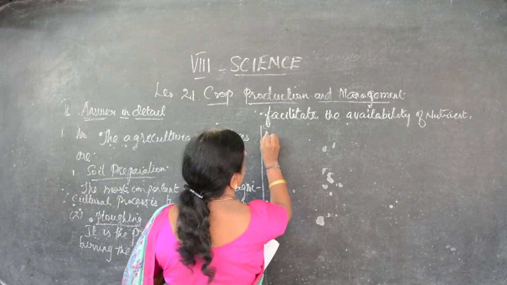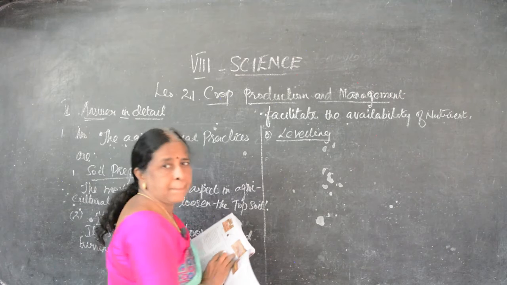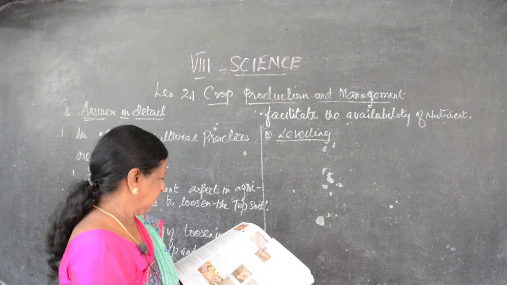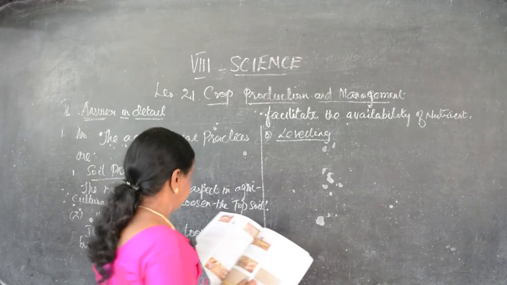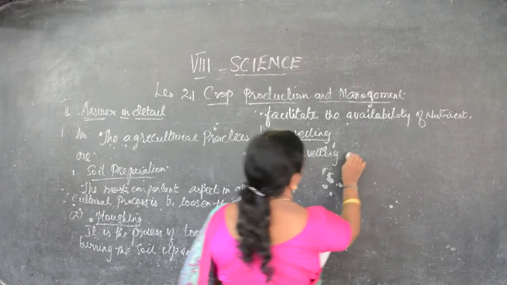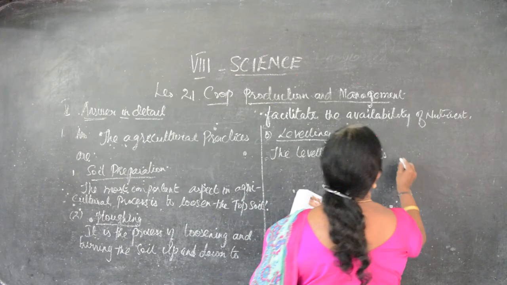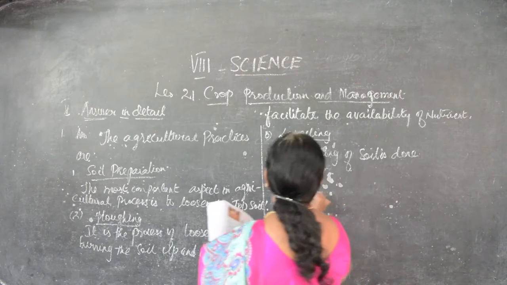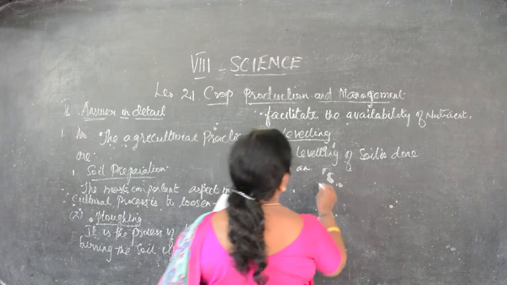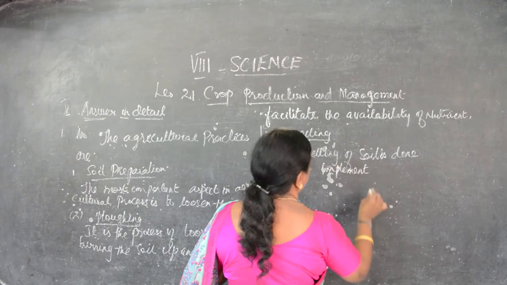The third one is leveling. Leveling of soil is then done with an implement called, implement.